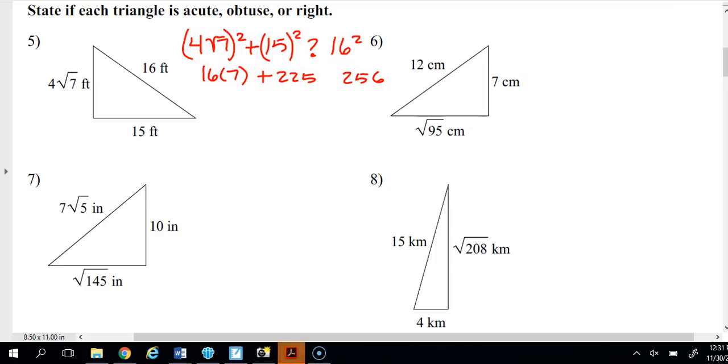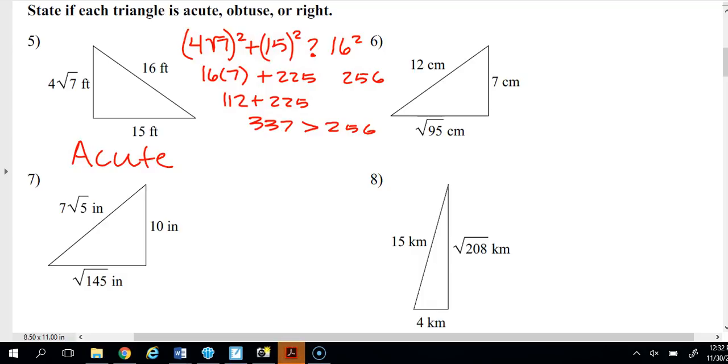So 16 times 7 is 112, plus 225. That's going to be 337. And then this over here is 256. So when we compare these, our c squared is smaller than our a squared plus b squared. So we are going to say that this is an acute triangle.